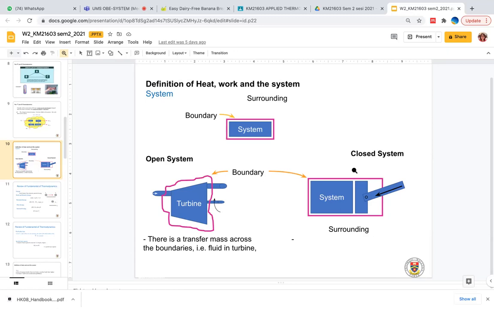Of course, once you have a closed system, you have the surrounding, so you won't be confused. In other words, you clearly identify what the energy is, what the changes to the system are, where the factor changing energy in the system is.